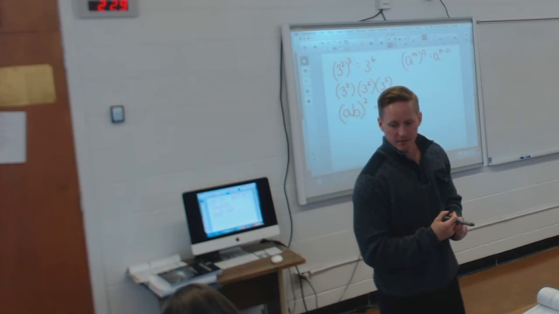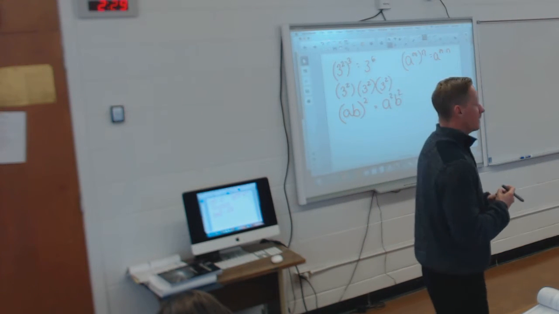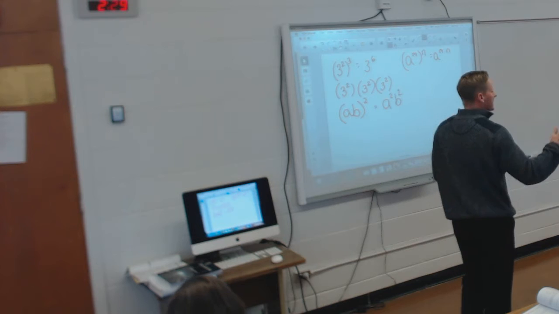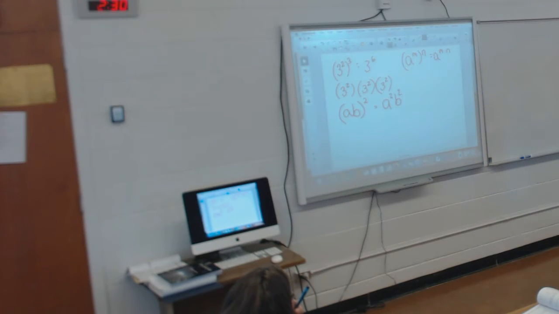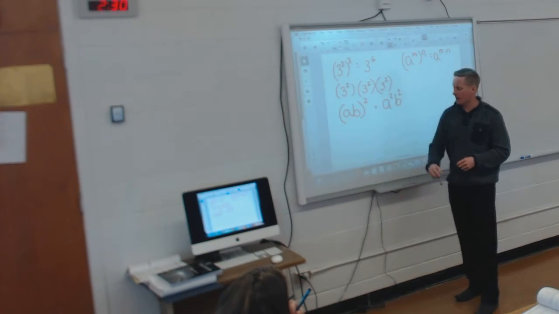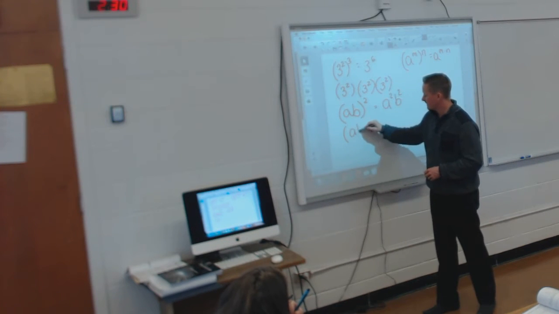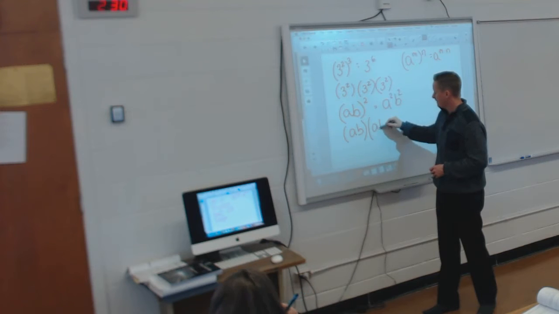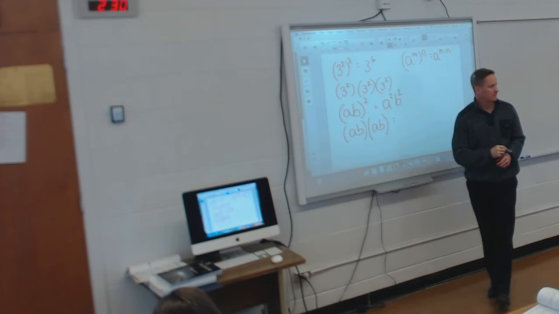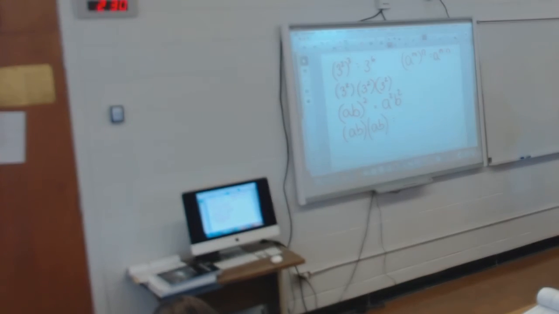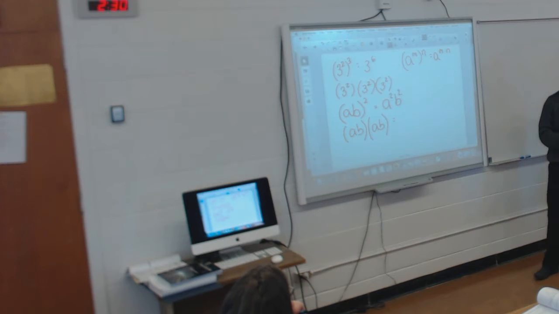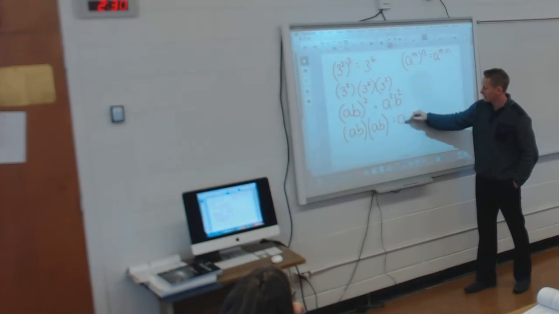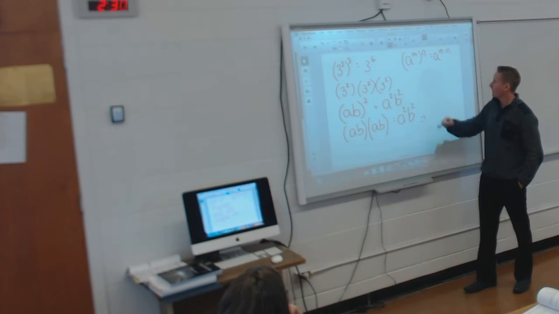Write this down. A squared times b squared. I transfer that through the brackets. Now, what is a times b squared? Well, that's like saying a times b, a times b, right? What's a times a? A squared. And b times b? B squared. So that's how come it becomes a squared, b squared.